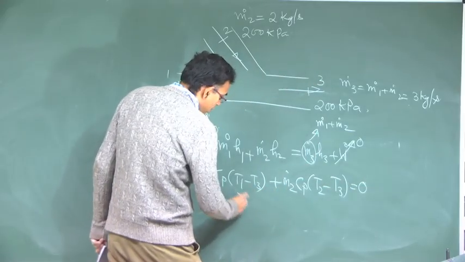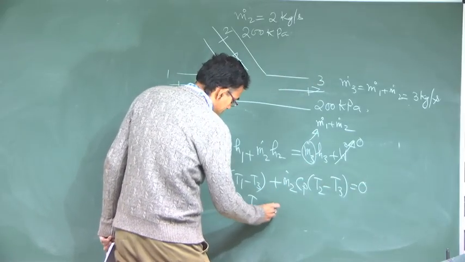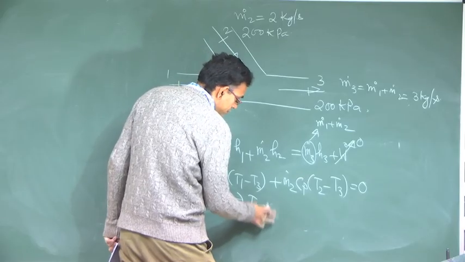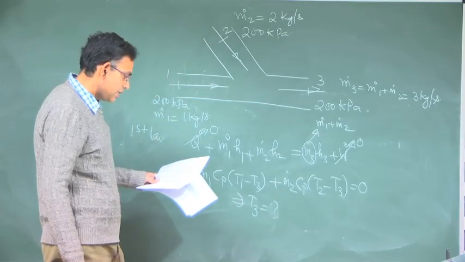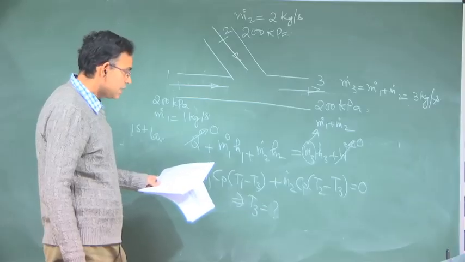So, this will give you T 3. So, T 3 is 326.67 Kelvin.